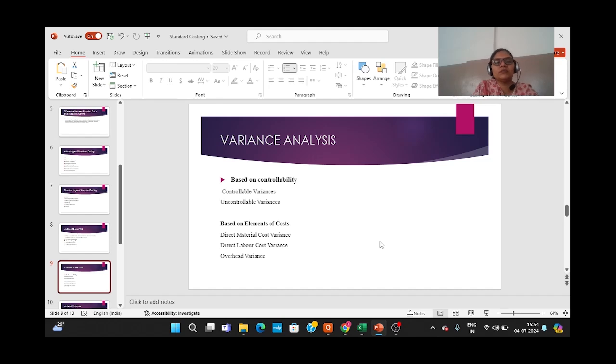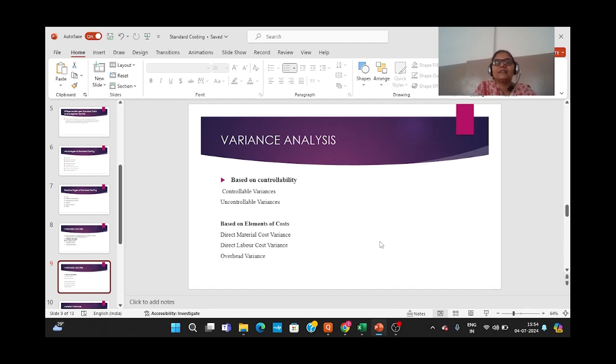Suppose the cost incurs certain unfavorable variances, and the responsibility for those variances can be fixed on the employees of the organization, and we can say that because of their inefficiency certain variances have arisen.